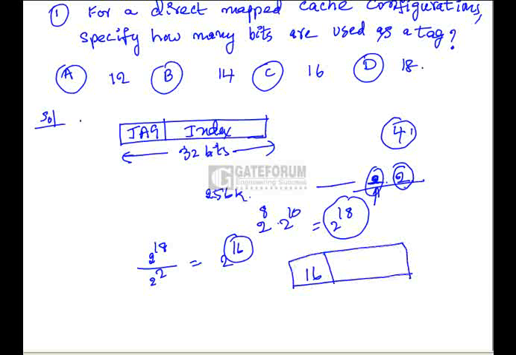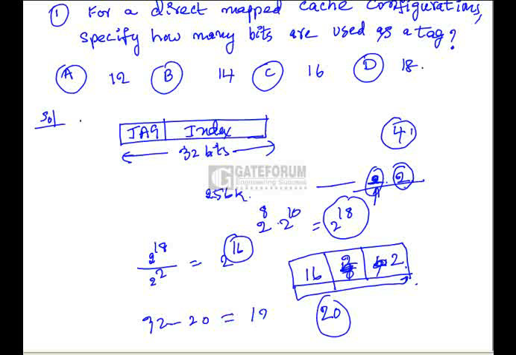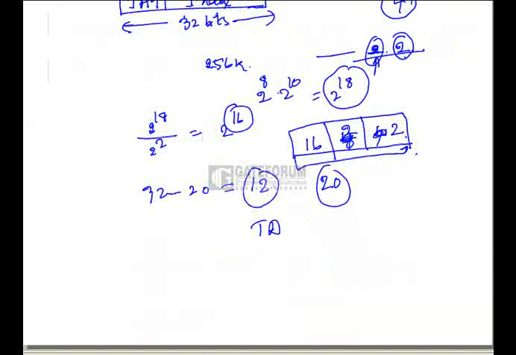Each block is containing how many words? 4 words. Each word is containing 4 bytes. That means the number of bits required is 2. So 16 plus 2 plus 2, total we are using 20 bits for cache identification based on the blocks. Out of these 32, if 20 bits are used, then there are only 12 bits for the tag.